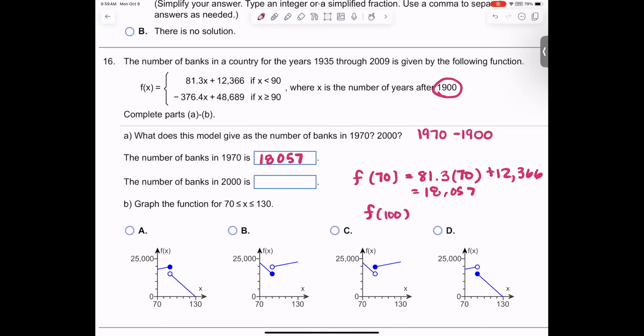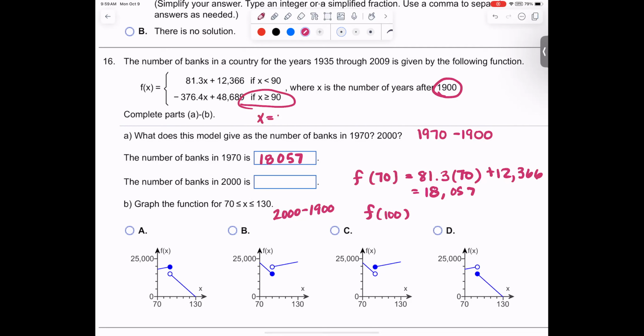So the year 2000 would be 100 years after 1900. So evaluate that at 100. Oops, better use this correct. Got myself all flummoxed, people. 18,057. So 100, I would use the second part, wouldn't I?